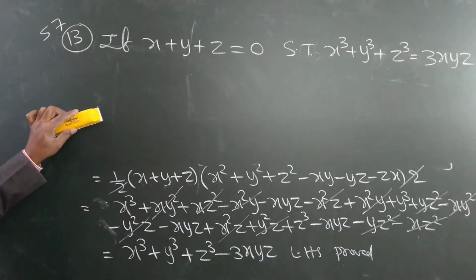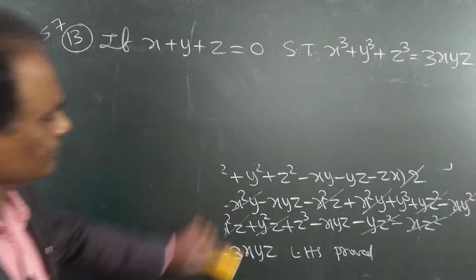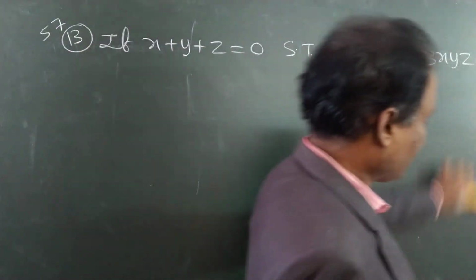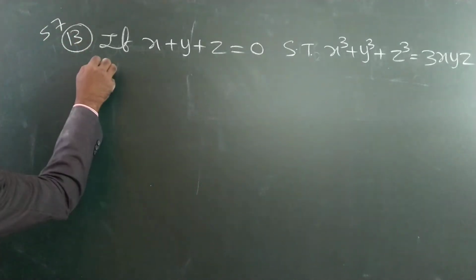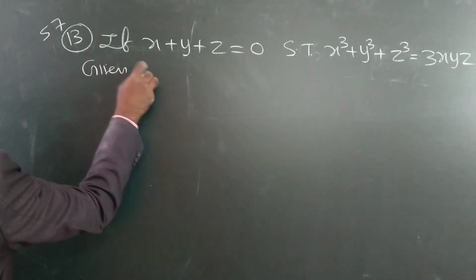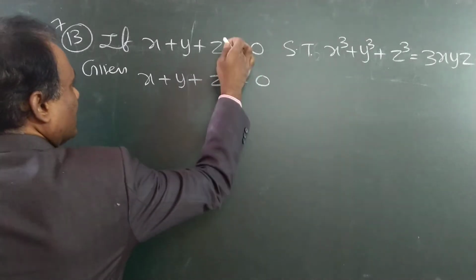Over? See, given x plus y plus z is equal to 0, this is given.